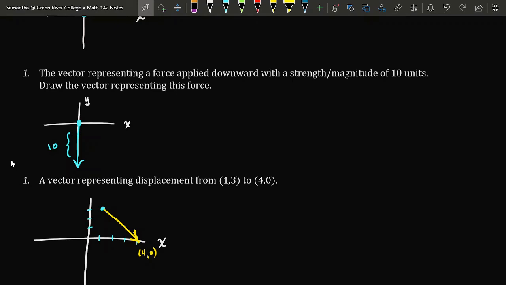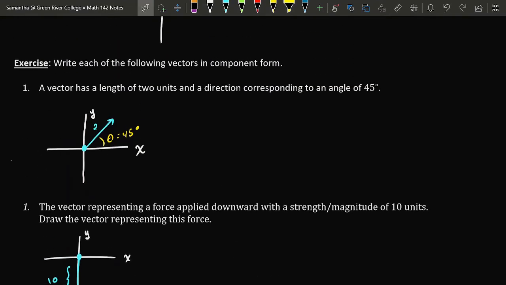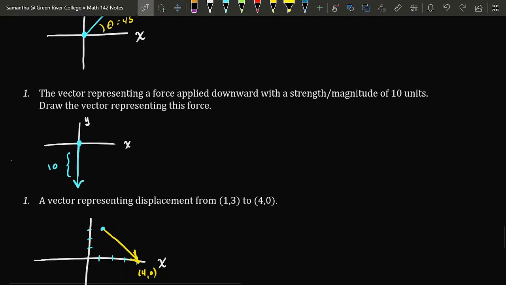Beginning with the second exercise, where we had the force of magnitude 10 applied straight down. When they want us to express these vectors in component form, what they're essentially asking for is, if I drew this vector where its tail was at the origin, where would the arrowhead be?